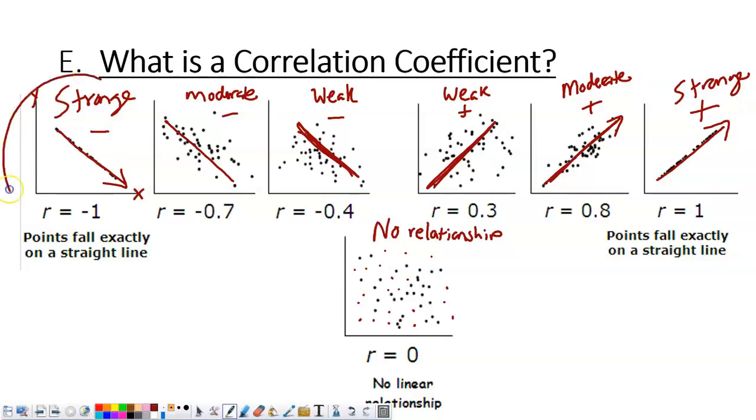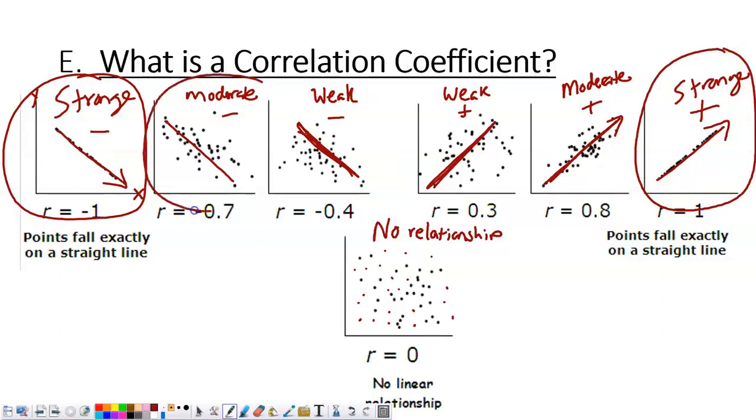So for this graph over here, x and y have a very strong negative relationship. Over here, x and y have a very strong positive relationship. Over here, they have a moderately strong relationship, but it's negative. Over here, x and y have a moderately positive relationship.